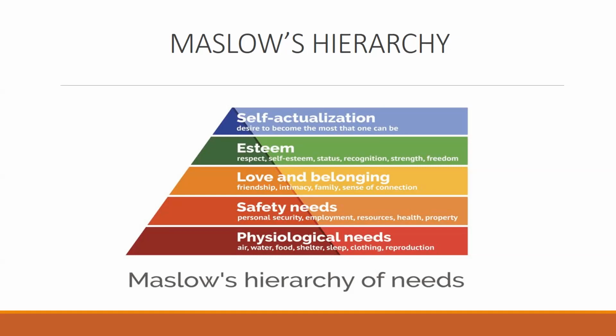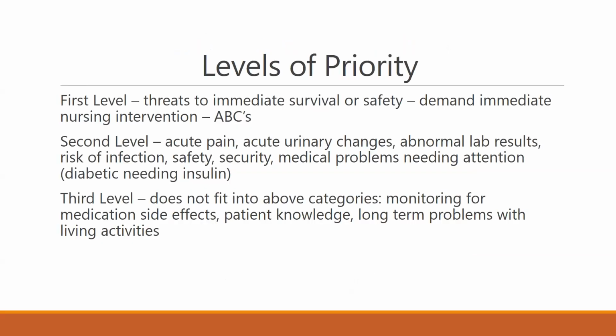Self-esteem, having my own options of choosing the care that I need, respect for others, recognition and strength and freedom. Self-actualization, desire to become the most that I can be. And that is the top of Maslow's hierarchy of needs. So when we talk about these, we have to make sure that our clients, patients, are getting these needs met.